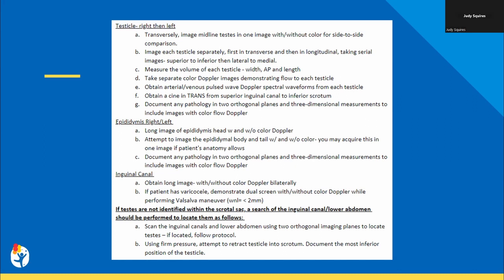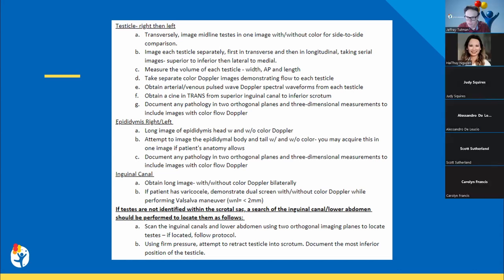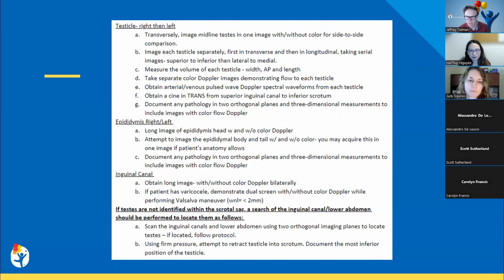Then one question I wanted to pose to Judy and Tui: as I said, we image by default, looking at the right side first and then the left. Now, I know some places image the side of pain first. The underlying concept is that if a patient has torsion, we want to identify that as quickly as possible.